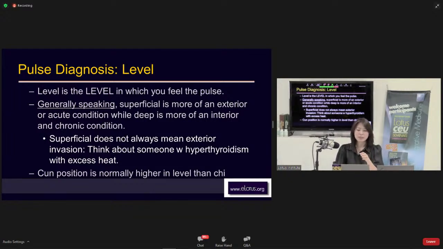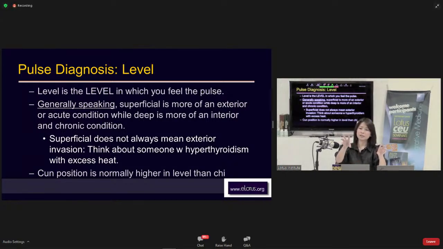So anyway, going with the level, I didn't put this down, so will you write this down in your notes? Generally speaking, for Chun, Guan, Ci, Chun should be more superficial, Guan should be mid-level, and Ci should be a little more on the deep level. So if you're finding the Chun position at the very deep level, something's wrong.